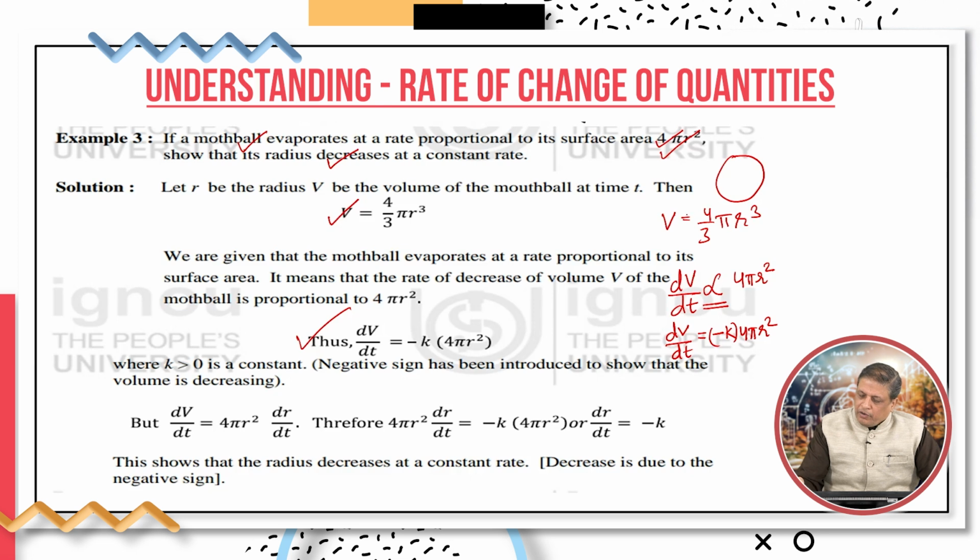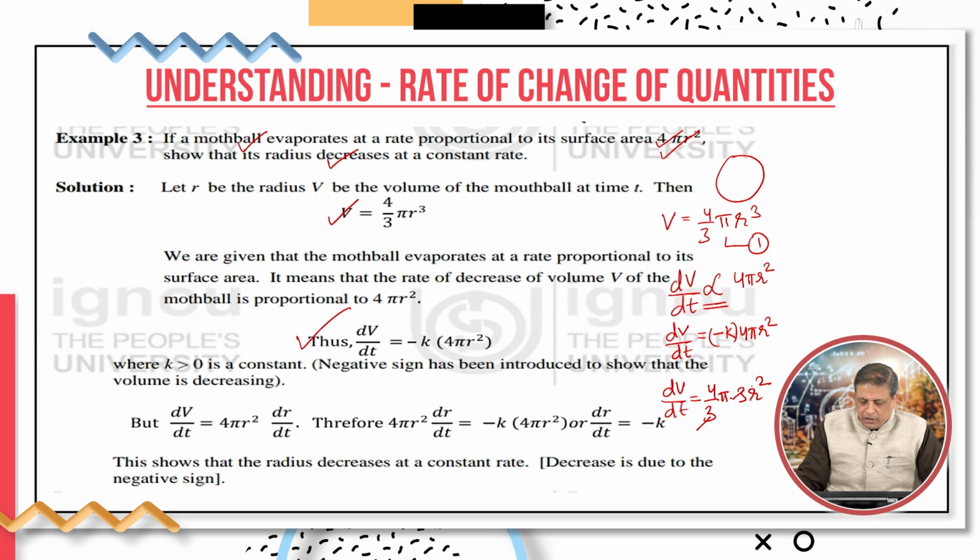Now, V given to us by equation number 1 is 4 by 3 pi r cube. So, differentiating equation number 1 with respect to time, you will get dV by dt is equal to 4 by 3 pi into 3 r square.